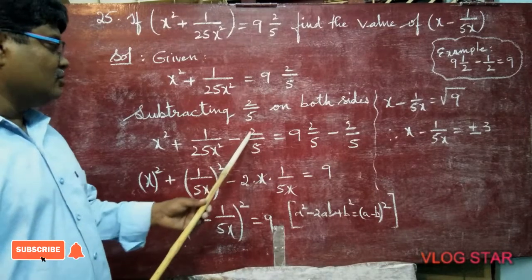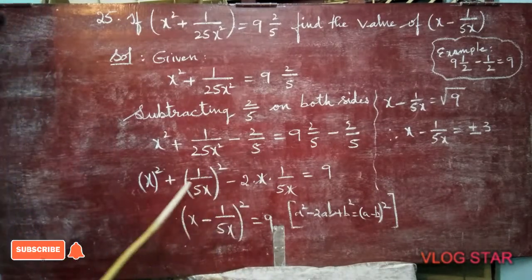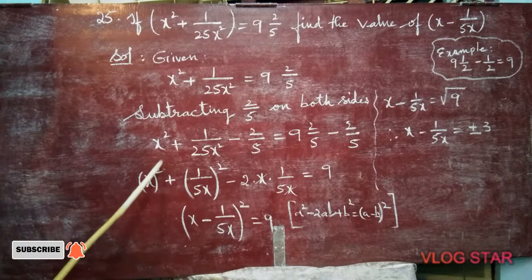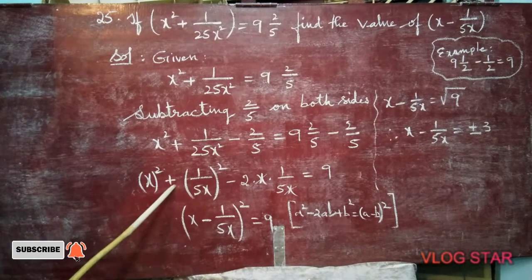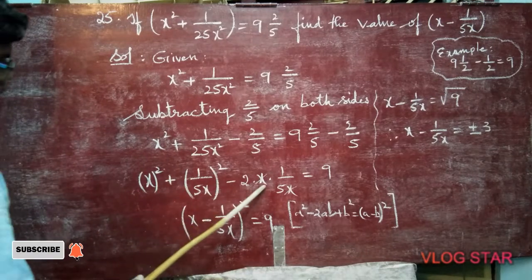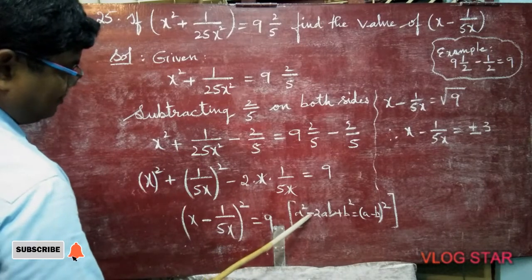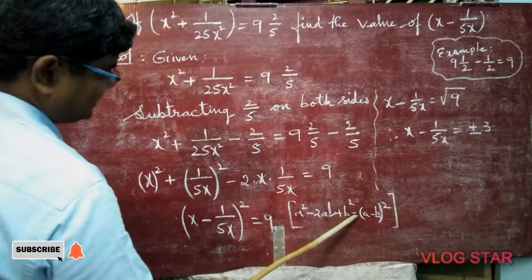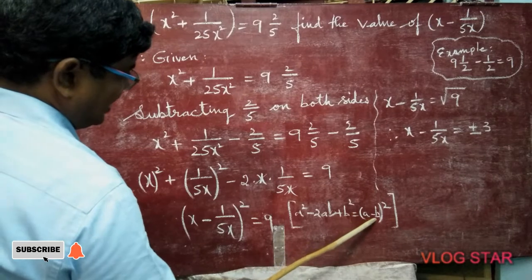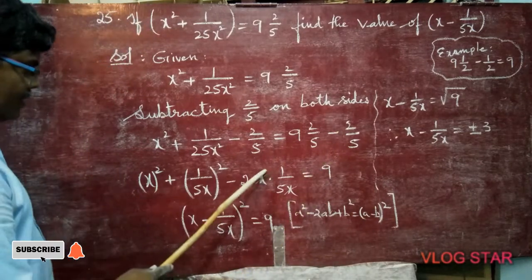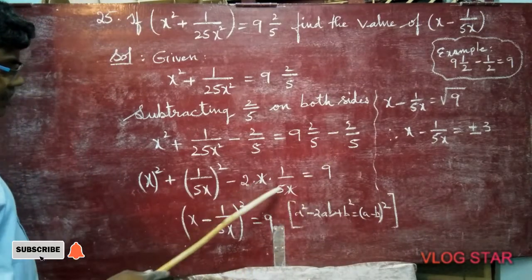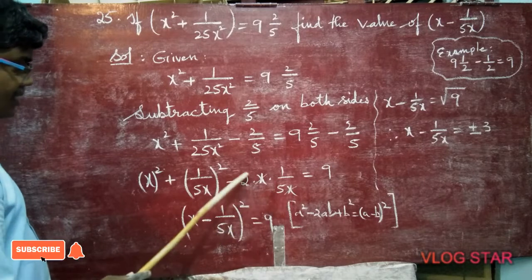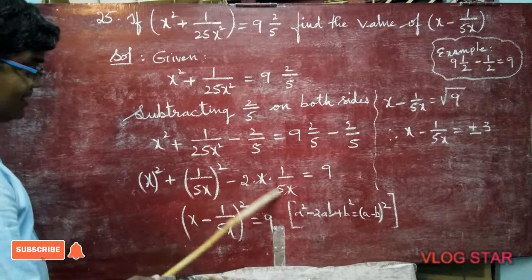Why are we subtracting 2 by 5? Because this is in the form of a square plus b square minus 2ab, the formula a square minus 2ab plus b square, that is equal to a minus b whole square. x in the numerator, x in the denominator get cancelled, minus 2 by 5 is left.